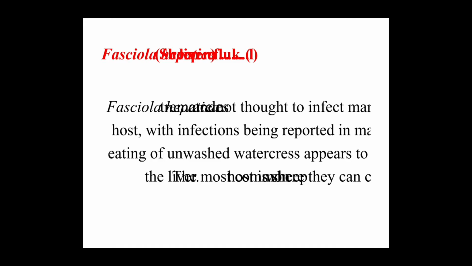The eating of unwashed watercress appears to be the source of infection, because it harbors the infective stage, which is the metacercaria, which then ends up in the liver. The most common host is sheep, where they can cause severe disease.